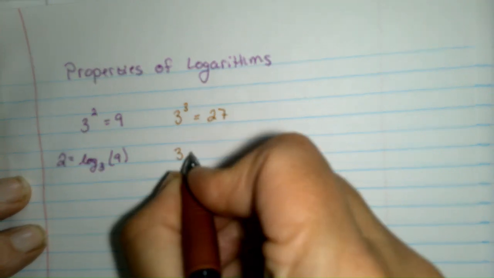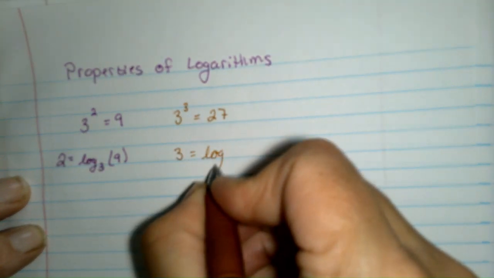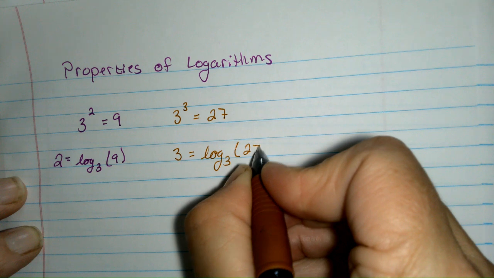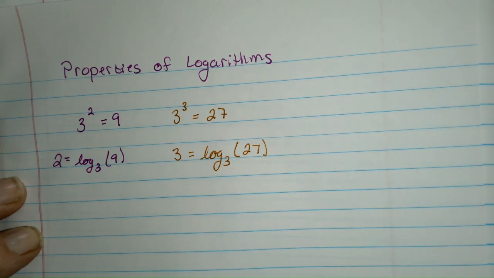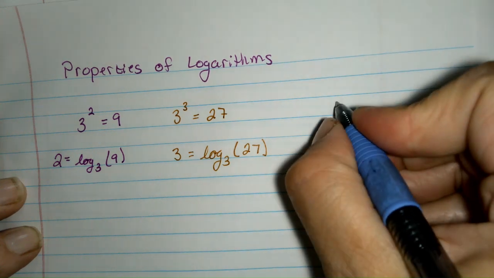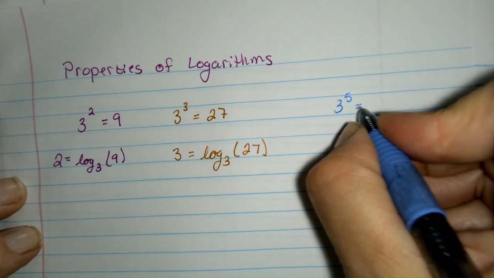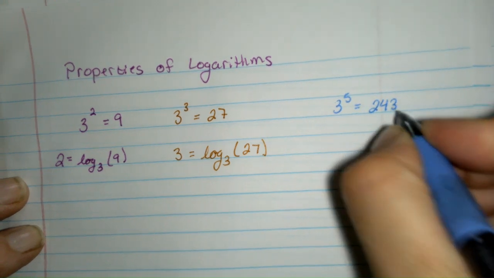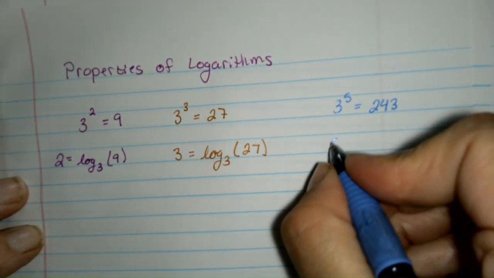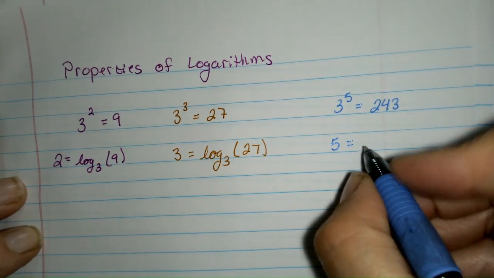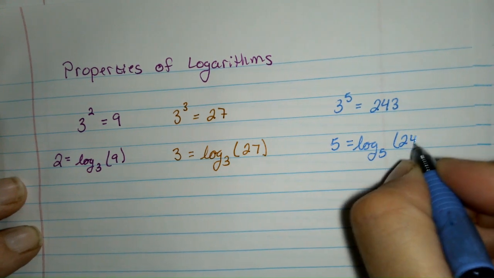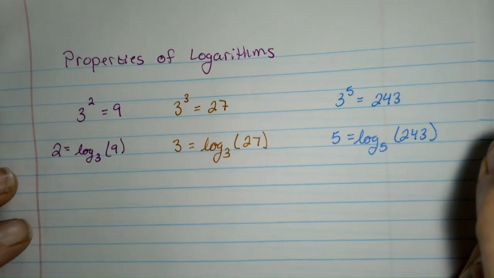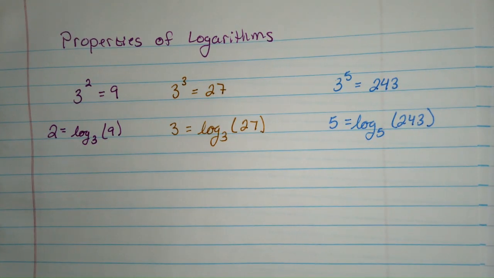So therefore 3 would equal log base 3 of 27, just from our formatting rules from previous videos. And we also know 3 to the fifth is 243. So therefore when I isolate my exponent, because that's what logs do, they isolate your exponent, 5 is log base 3 of 243.